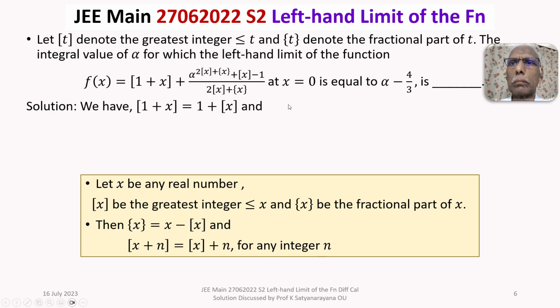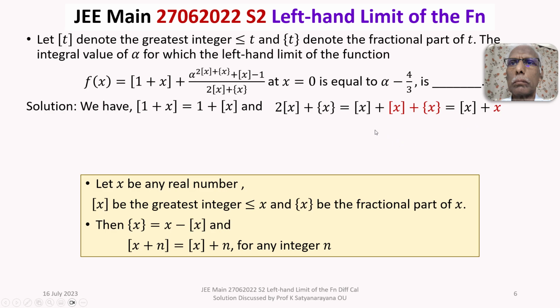Then 2[x] + {x}, we write it as [x] + {x} plus [x], and [x] + {x} is x, because {x} is equal to x minus [x]. So [x] + {x} will be the given real number x. Then it will be equal to [x] + x.